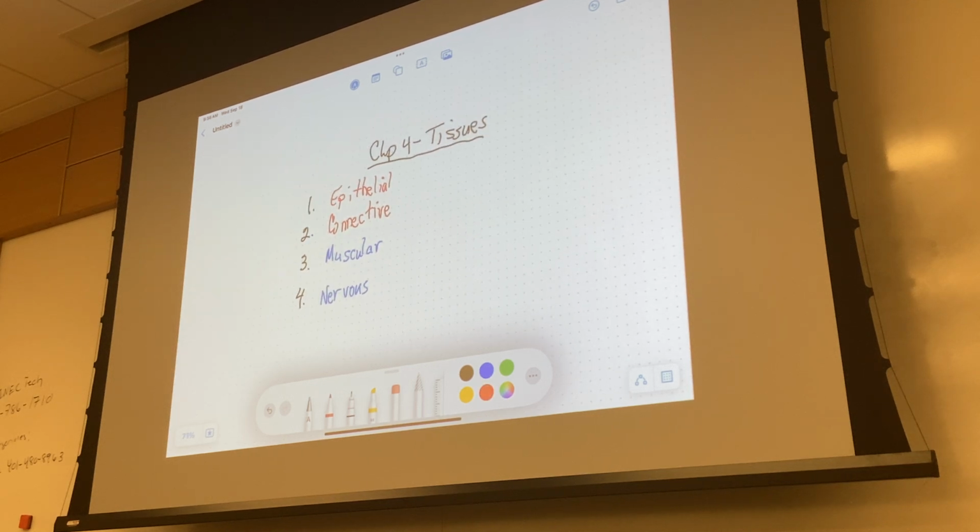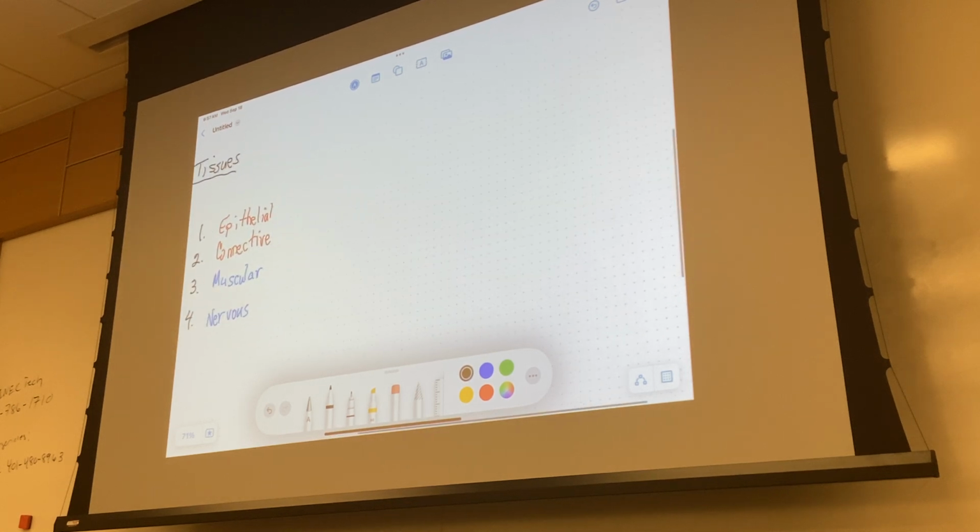Let me do this. So let's start talking about these tissues and what are some of the characteristics of each of them. So when you start talking about these tissues here, we're going to talk about the cells.